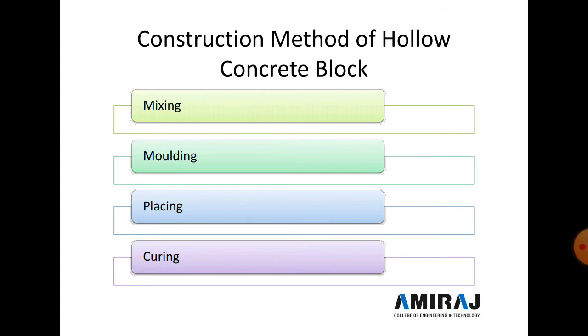Molding by machine is preferable to hand casting because it gives a better finishing. In molding we use an iron mold or a steel mold. In a steel mold we fix the prepared material, and then after molding it comes out as a hollow block.